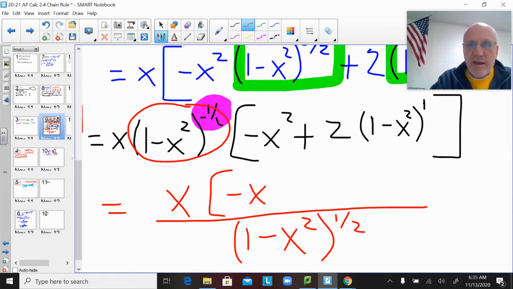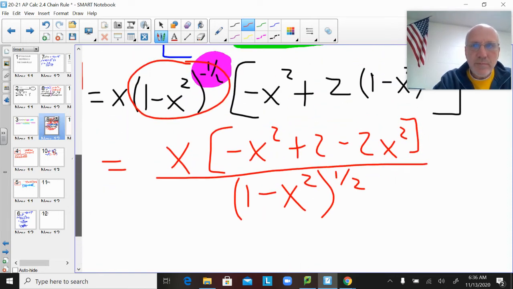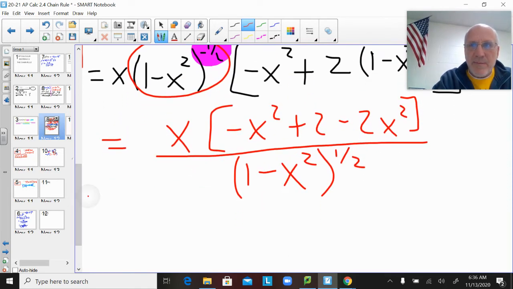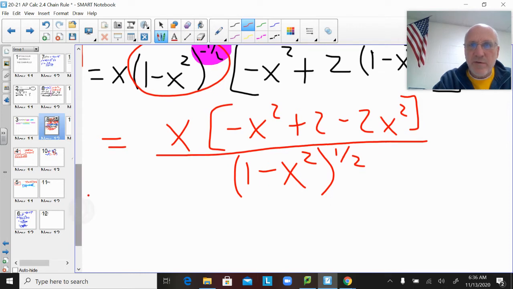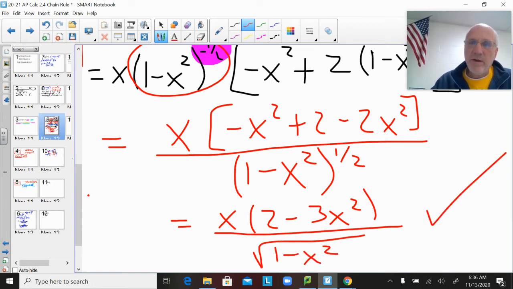This is negative x squared plus 2 minus 2x squared. I'm almost there. Now I think that thing in parentheses just becomes 2 minus 3x squared. So I end up with x times (2 minus 3x squared) all over, now to the 1/2 power, I might write it as a square root again, the square root of 1 minus x squared. Done.